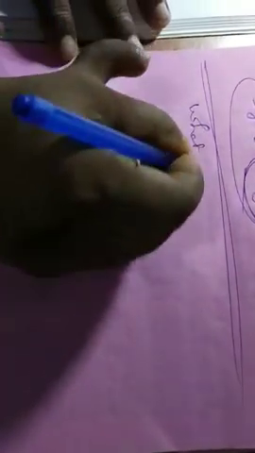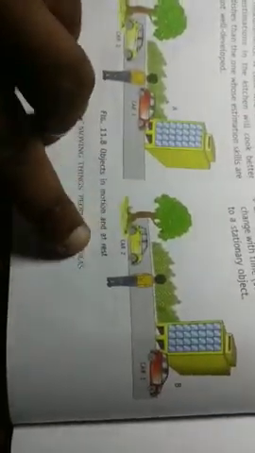Now students, the next topic is: what is motion? Here in figure 11.8, objects in motion and at rest.